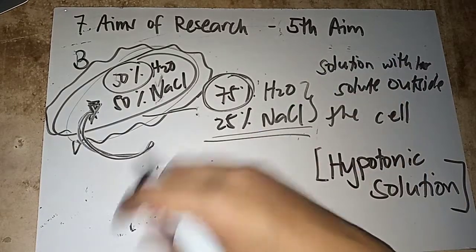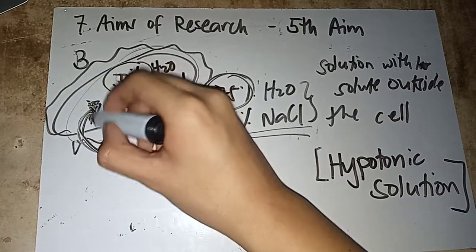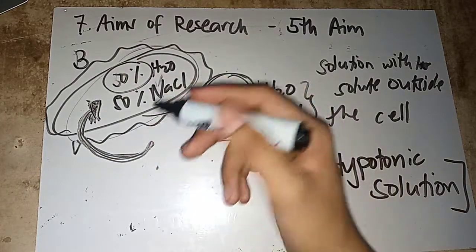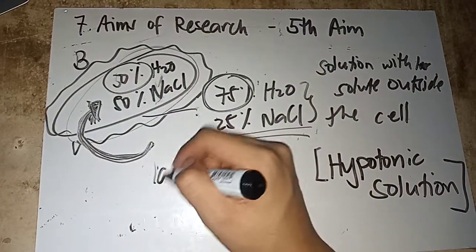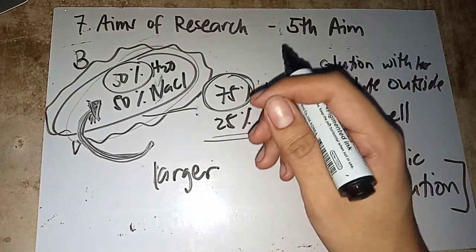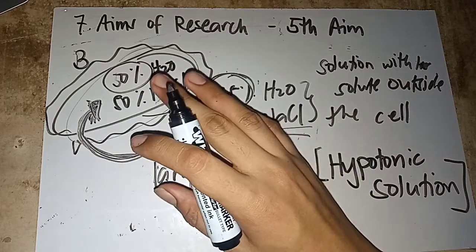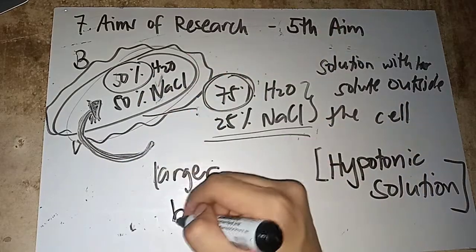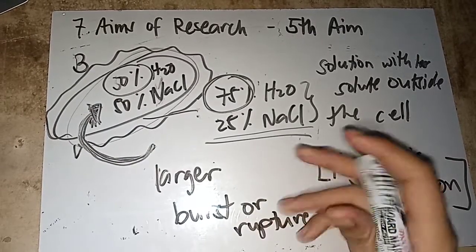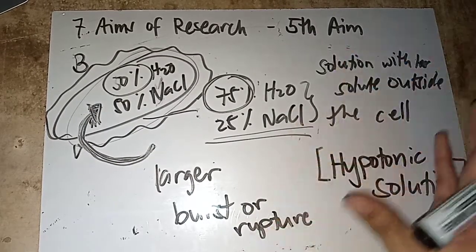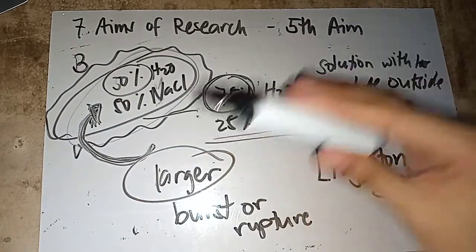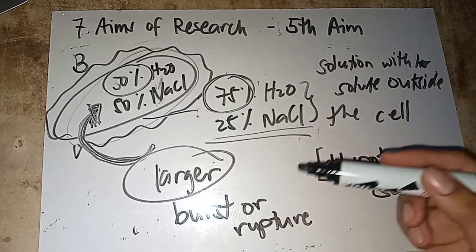So, what will happen if the water outside the cell enters the cell? The tendency of the cell is to become larger, and then the tendency of the cell is to burst or rupture. It will become bigger, larger.